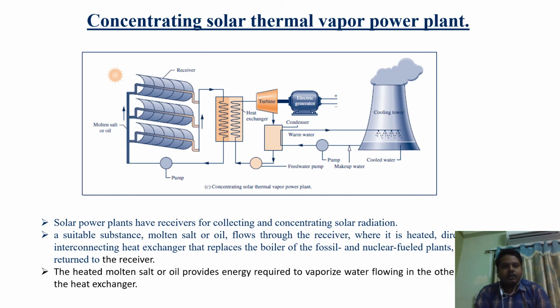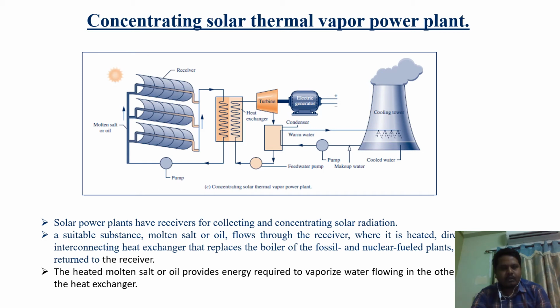Okay. Now, the other type of power plant is the solar thermal vapor power plant. Here also it is the same. This power plant also operates on the same Rankine cycle, but here, how is the water in the boiler converting into vapor? Here there is solar.